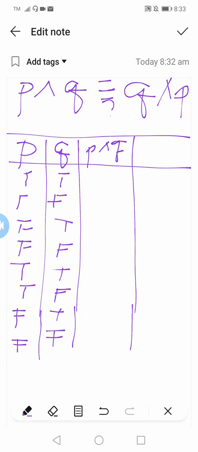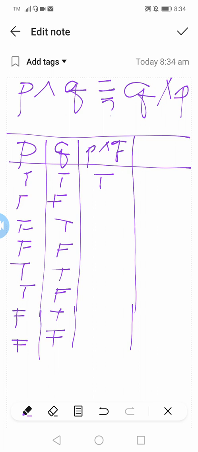So when we say P and Q, again, we can only have a true truth value in your conjunction if both statements P and Q are true. If at least one is false, automatically the truth value of this compound statement, the conjunction, is false. So since P and Q are both true, we will have a true truth value.